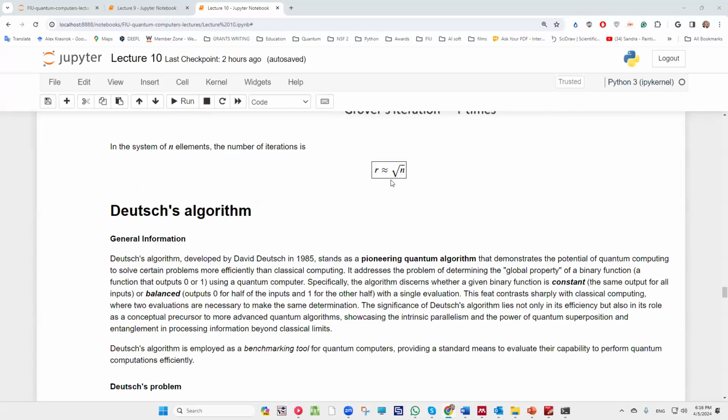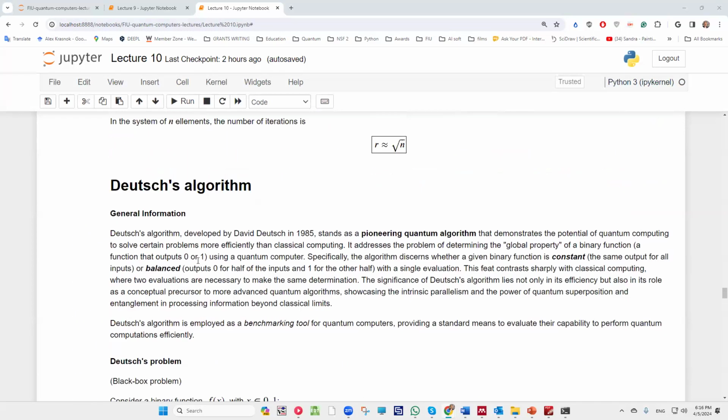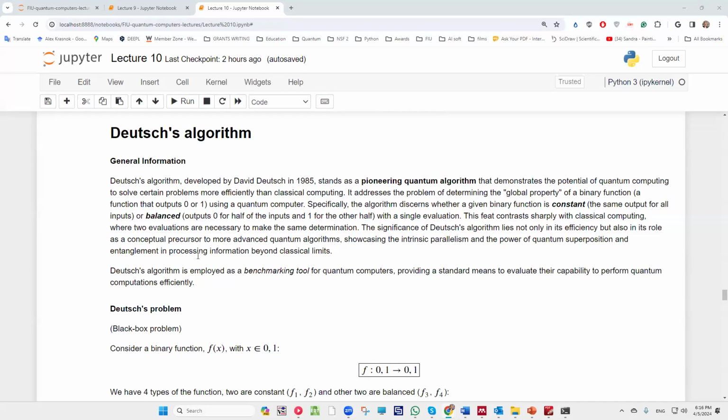All right, so then let us continue to another algorithm, which is called Deutsch algorithm. This one I will probably not go into that much detail, and just show you the principles and a simple example of using this algorithm.